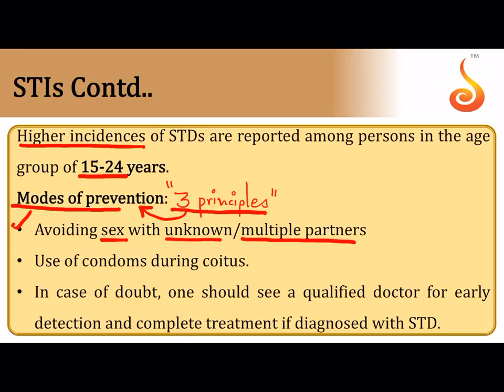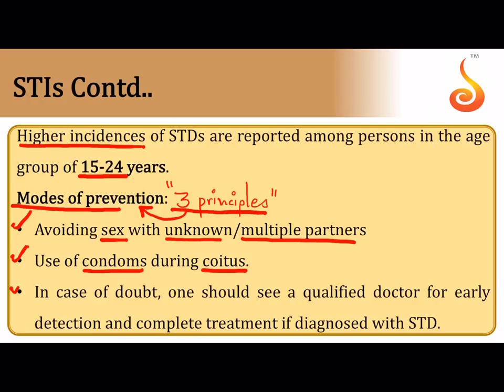The second one we had discussed in the birth control options: condom does offer protection against sexually transmitted infection. So use of condom during sexual intercourse or coitus can reduce the chances of contracting sexually transmitted infections.